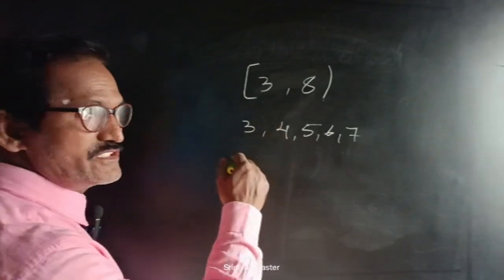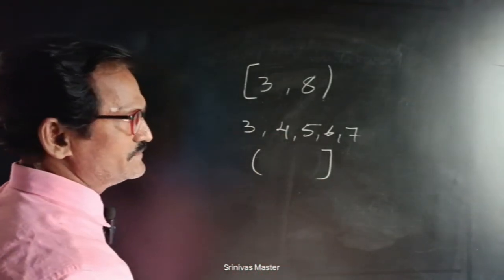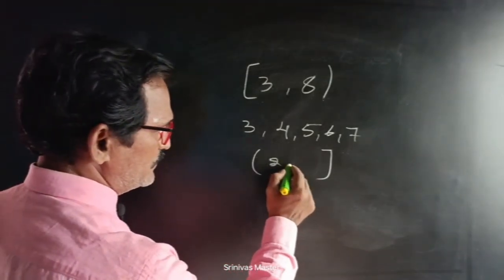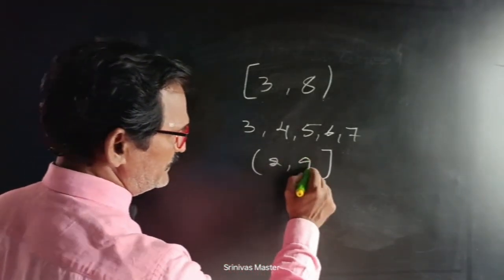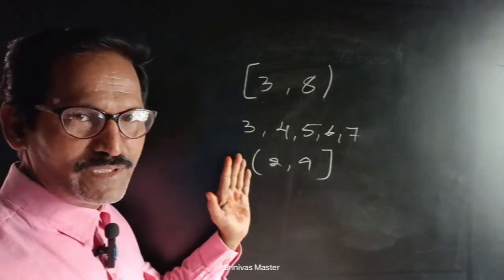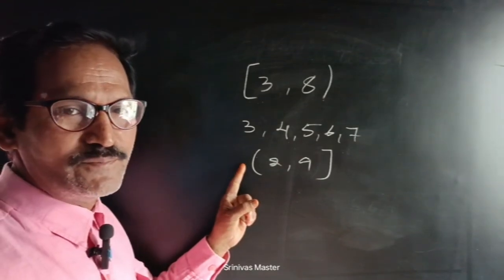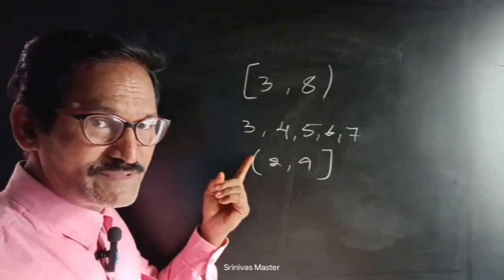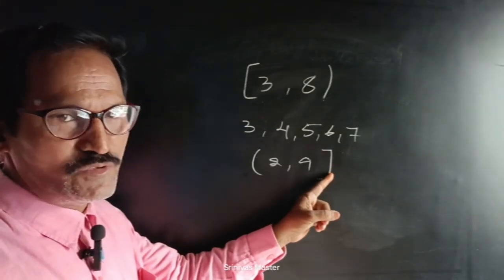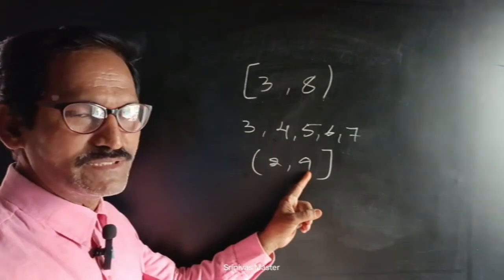Still more, if you take the reverse order, open and then closed. For example, suppose you take 2, 9. Here it is the open bracket, here it is the closed bracket. Open means excluding, except that number. Closed bracket means including this number.